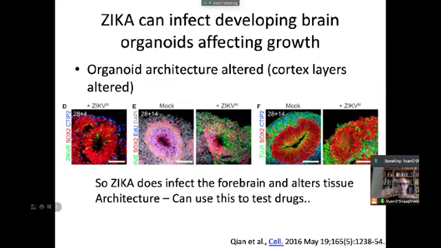So that lovely organization of the cortex layers that we see in our mock infection is absent in our Zika infection. So Zika infects the forebrain and then alters tissue architecture. And this is what causes the microcephaly in developing babies. So we can use this model that we have of Zika infection in organoids to test drugs.